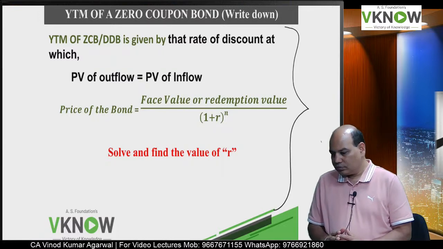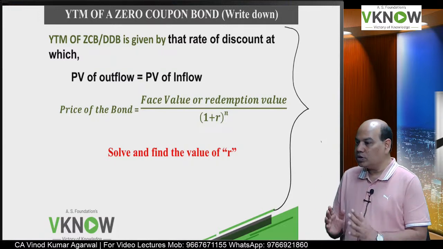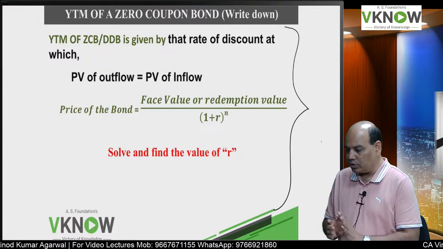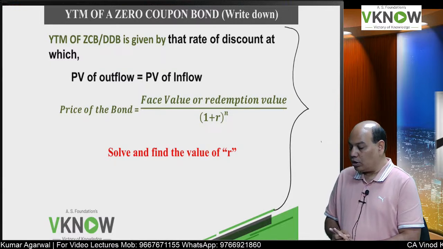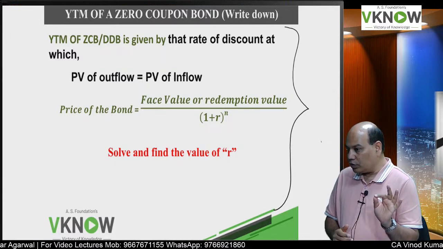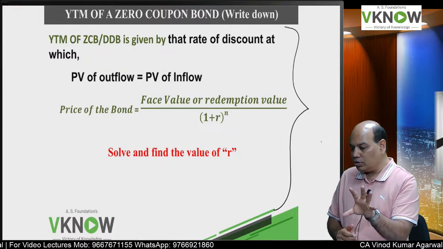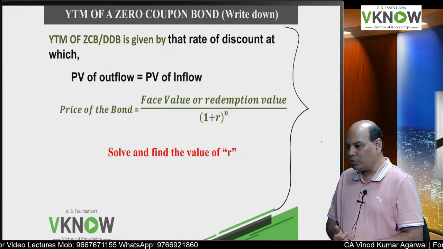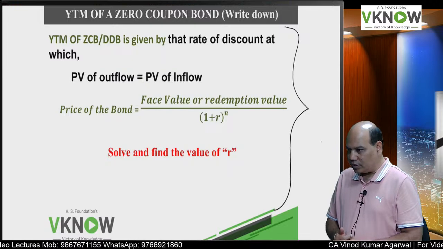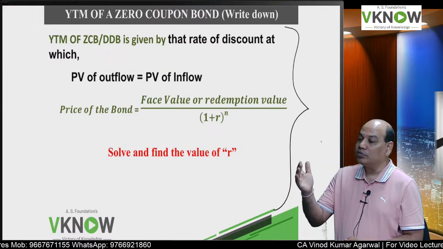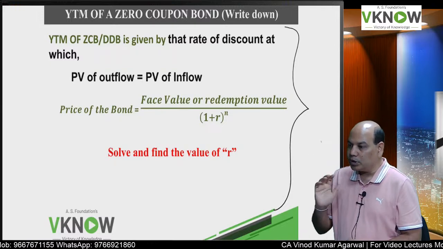PV of outflow means the current price of the bond, because you have to buy the bond today. Price of the bond is equal to PV of inflow, which is face value or redemption value divided by 1 plus R to the power n. Because a zero coupon bond will only give you redemption value. There is no coupon involved.